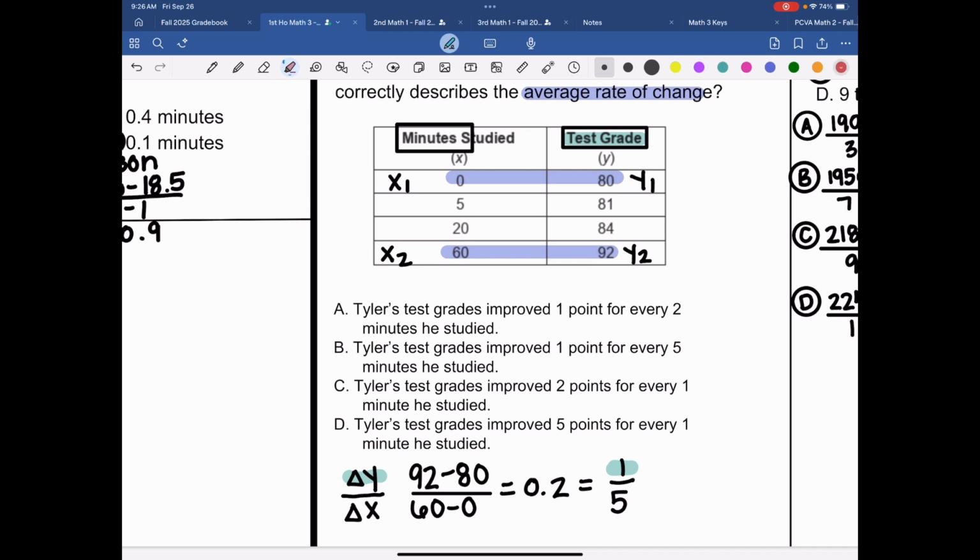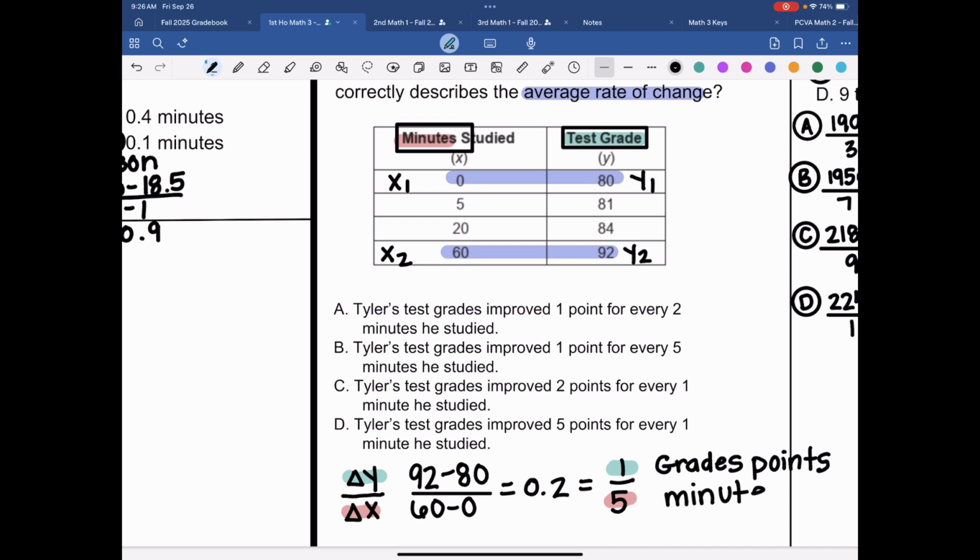And then my x's are my minutes, that's going to represent my second number. So this is going to represent the grade, and it looks like in the answer choices that they're doing the grade in points. And then the 5 is the x's, that's representing the minutes.